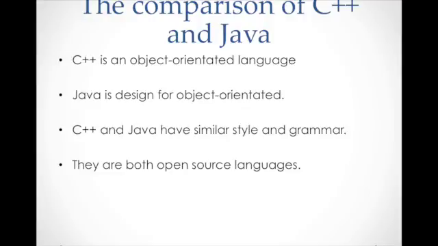C++ and Java have similar style and grammar rules. Another important point is they are both open source languages. Each design has a huge user group and has built a lot of excellent code libraries.